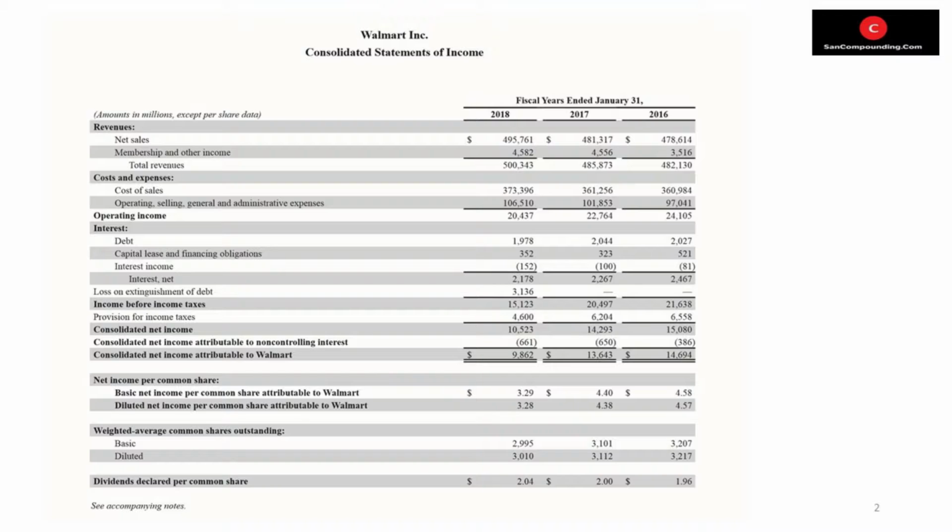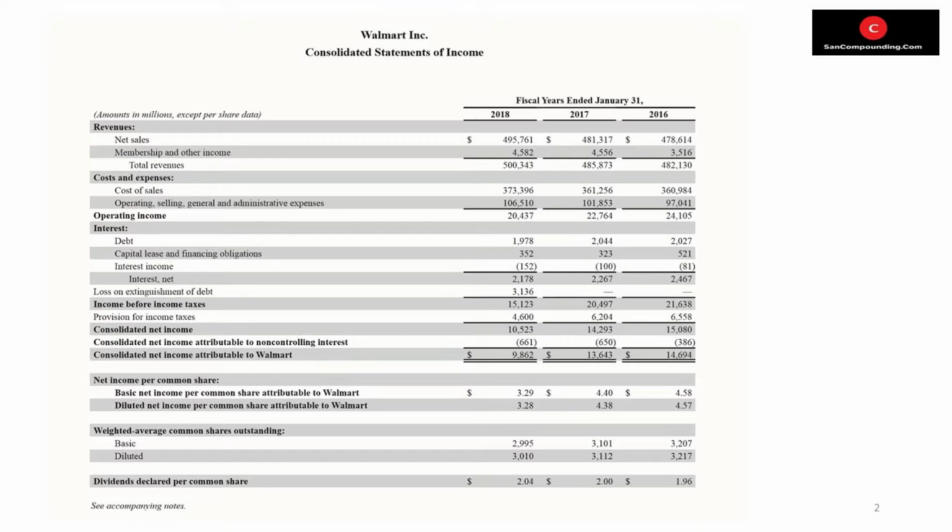The operating expenses typically are combined as selling, general and administrative, so it's called SG&A. So you reduce the selling, general and administrative expenses. You get an operating income of $20.4 billion in 2018 as against $22 billion in 2017. So here Walmart has degrown in operating income over 2017.